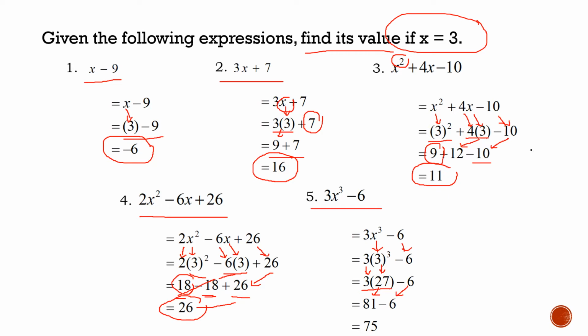So 81 minus 6, since the absolute value of 81 is greater than the absolute value of negative 6, we copy the sign of the greater value, which is 81. So 81 minus 6 is equal to positive 75. Therefore, the value of your fifth expression, if x is equal to positive 3, is equal to 75.